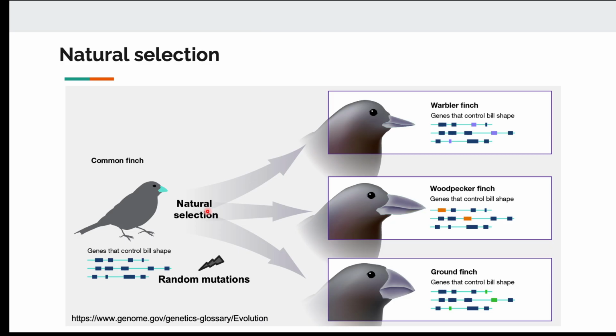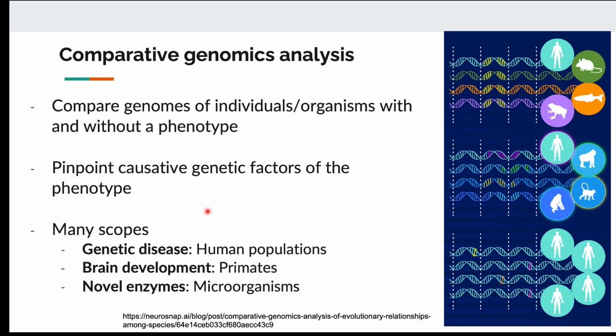So this means that if we take genomes or DNA from different species and compare them together, we can identify genes that are responsible for certain phenotypes or for certain diseases, even before having to do any wet lab experiment. For example, when we study genetic disease, we are comparing DNA among humans, between the ones with the disease and the ones without.